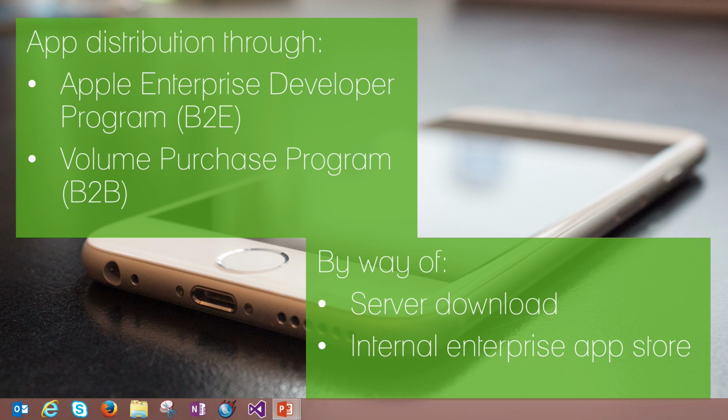So companies will have their MDM vendor and an internal enterprise app store, and it'll actually be a separate app on the phone. That'll be the AirWatch app store. Employees can just go there and download whatever company apps they need. And the cool part is that MDM vendors can sync up with the VPP account, so it just pulls down the app and you're able to distribute it very nicely.